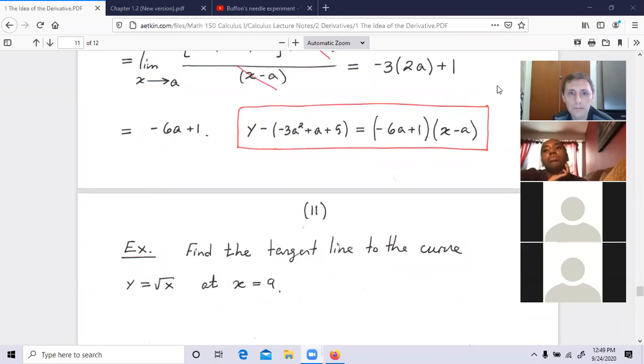Let's see how many of them. 1, 2, 3, 4, 5, 6. Only 6 people solved it, guys. I have more than 6 students. I have 30 here.